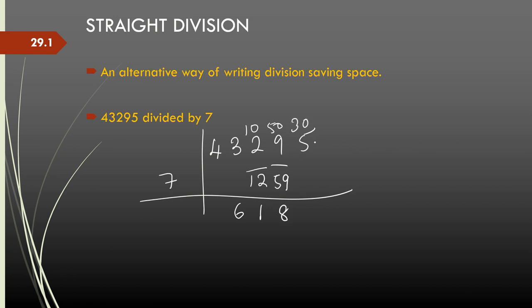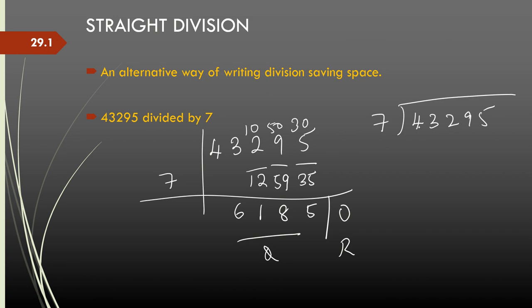So, that becomes 59. So, 59 now divided by 7 is 7 8s 56. I carry 3 as 30 to the next place, and 35 is the revised dividend, divided by 7 is 5, 7 5s are 35, and the remainder is 0. This is the remainder, this is the quotient. It is a slightly different way of writing down, otherwise there is no difference to the long division method we are all used to.